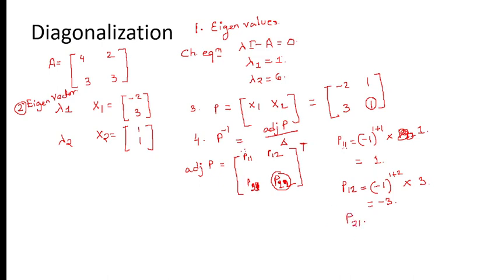P21. What will be the value of P21? It will be (-1) to the power 2 plus 1, into, now if you hide this row and this column, what is remaining?